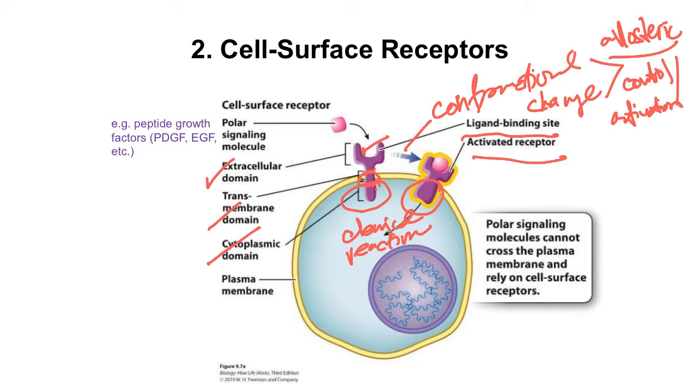So the common principle here between cell surface receptors and the intracellular receptors is the fact that the molecules that bind to them are very specific, and that upon binding, they activate the receptor through allosteric activation.